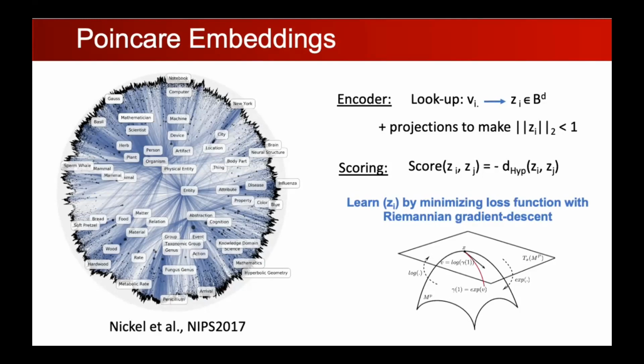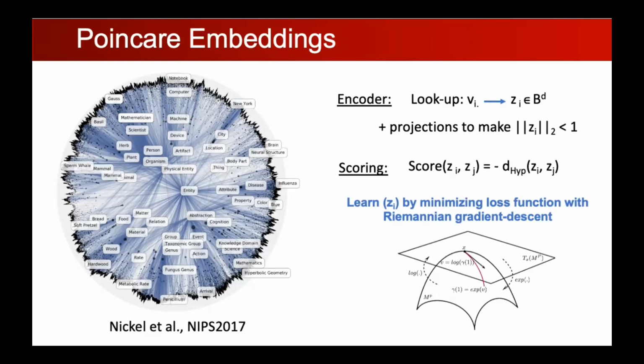Note that there exist other models of hyperbolic space. And here I'm describing the Poincaré model, which has been widely used in machine learning. And then we had a scoring function, which is now going to depend on the hyperbolic distance function between points rather than the Euclidean distance.